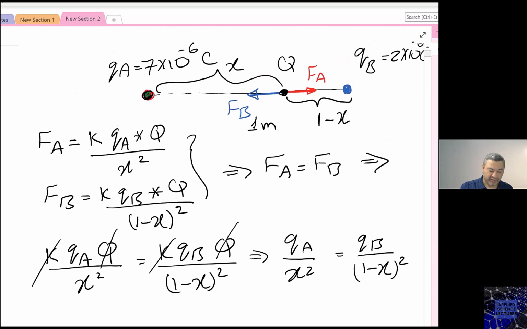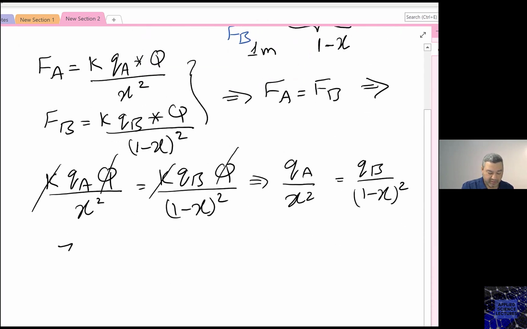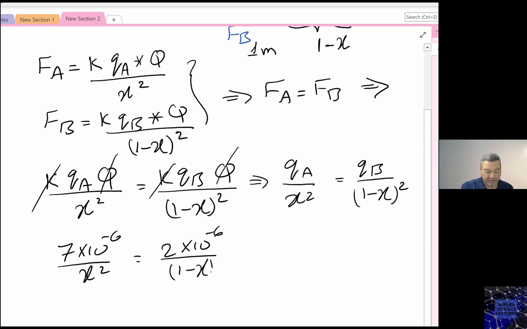QA is 7 times 10 to the power minus 6 over X squared equals 2 times 10 to the power minus 6 over 1 minus X squared. 10 to the power minus 6 is going to cancel. So this is going to end up to be 7 times 1 minus X squared equals 2X squared.